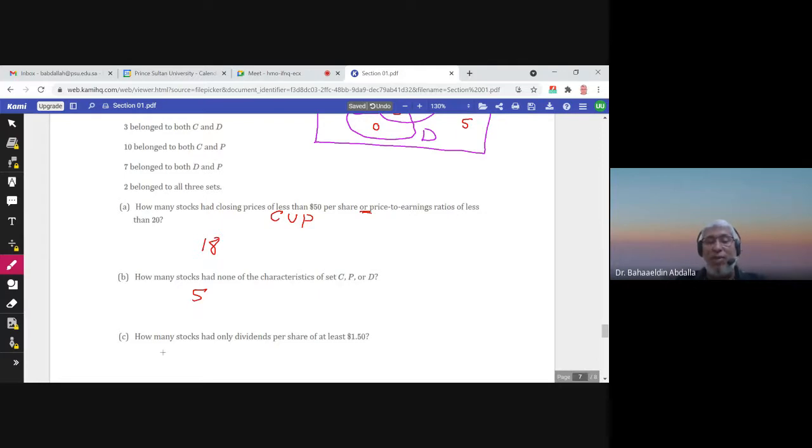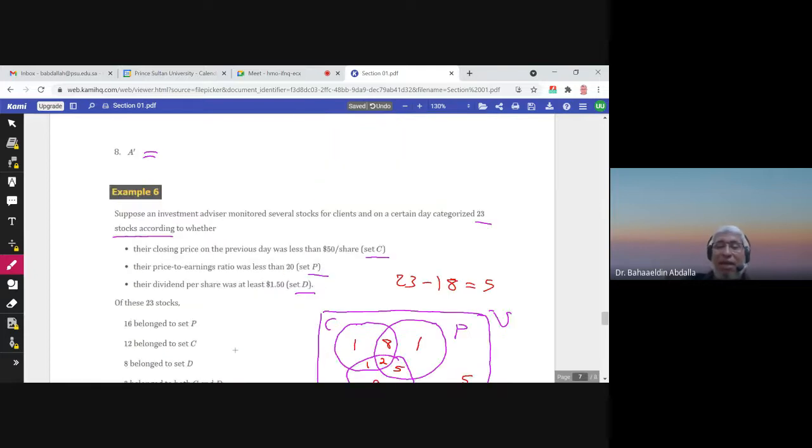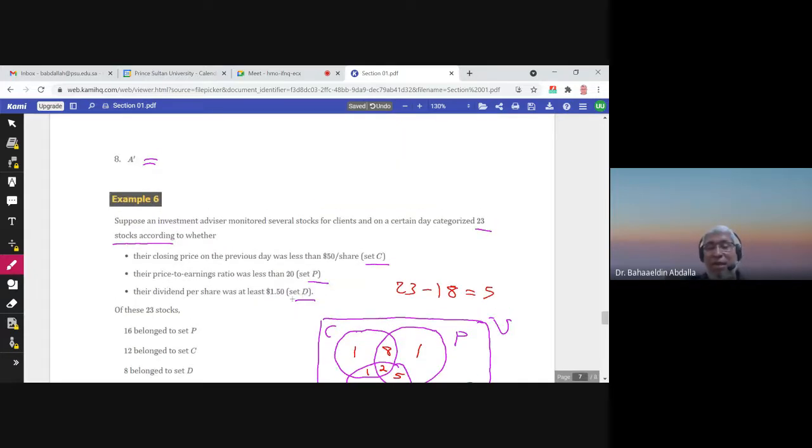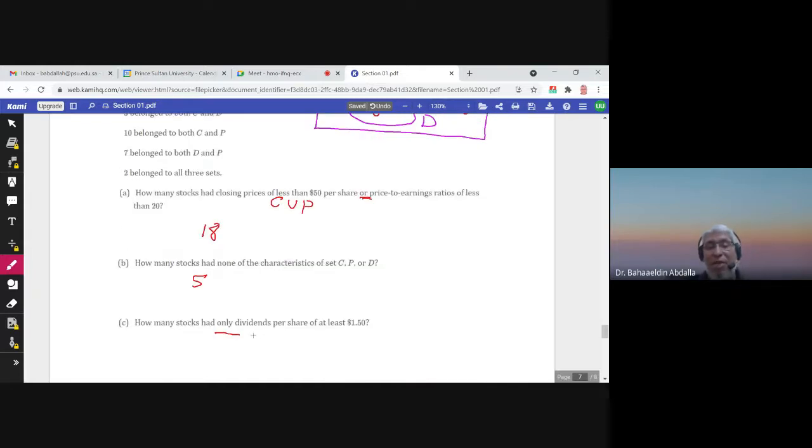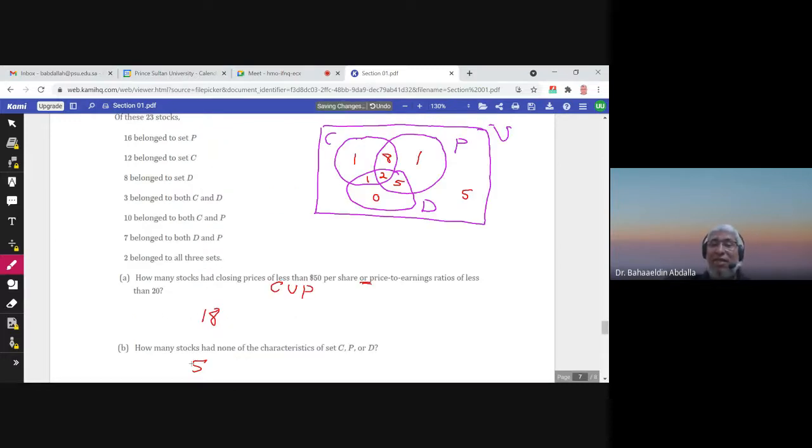Okay. How many stocks had only dividends per share of at least 1.5? So only D. Okay. Only D means it is not in P and not in C. Well, there is nothing in only D, 0.